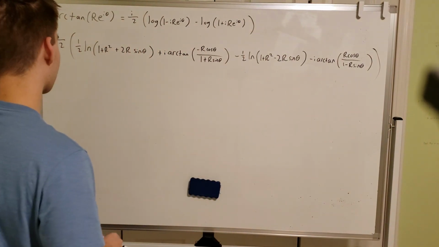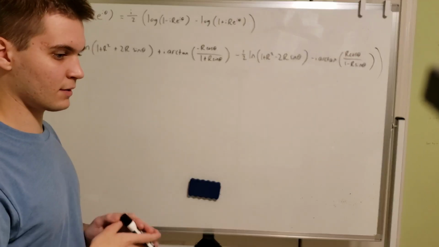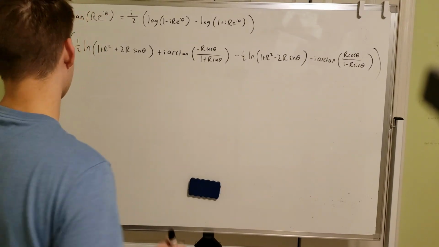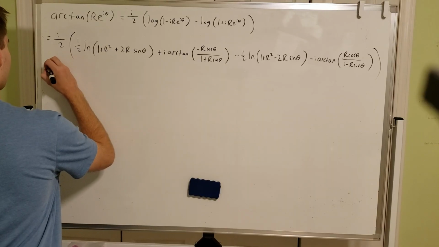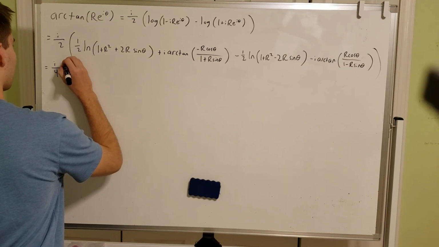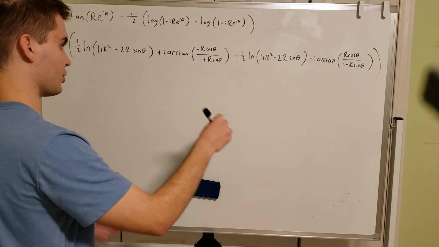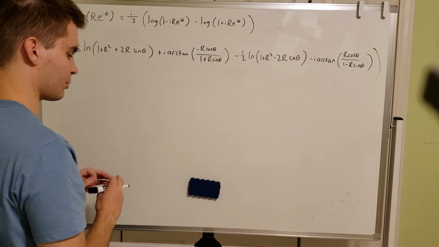So now what we can do is group the similar terms together, pull in this i over 2. So that means we're going to have i over 4, and I'll use logarithm properties just so I can make the expression a little bit shorter.